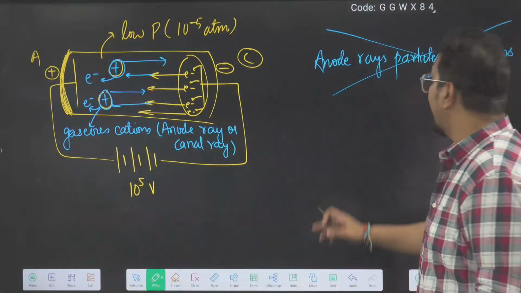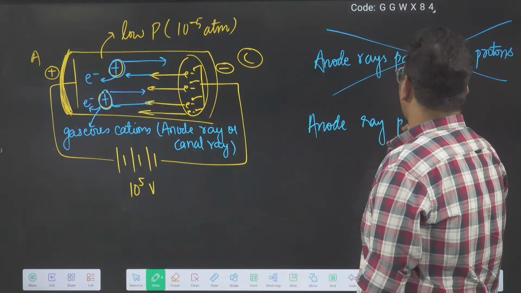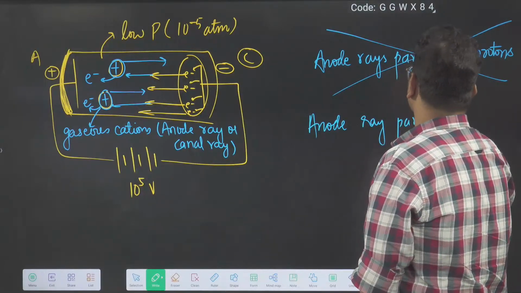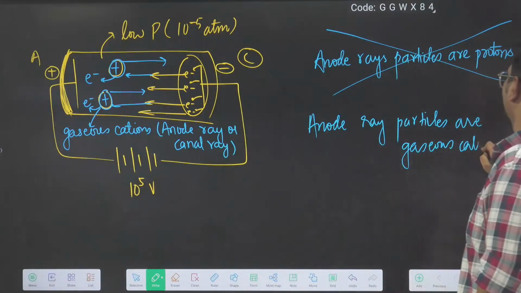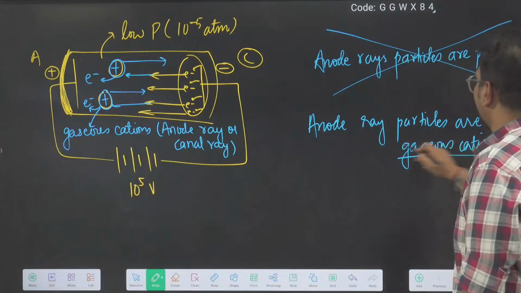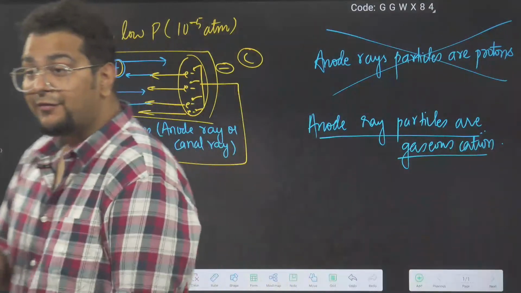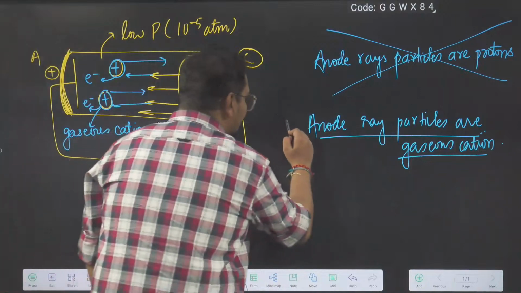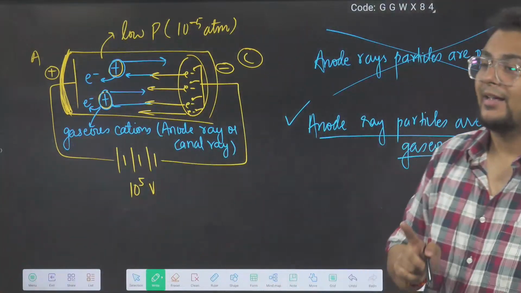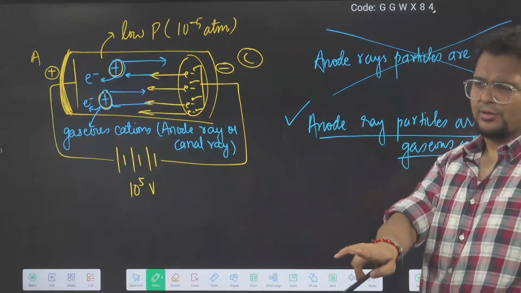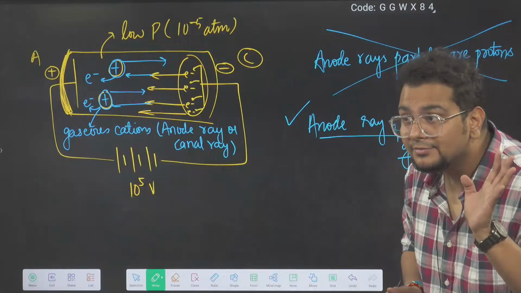If you are saying anode ray particles are what I just taught you, anode ray particles are gaseous cations. Perfect answer. They are not protons. They are gaseous cations. Cathode ray particles are electrons, but anode ray particles are gaseous cations.